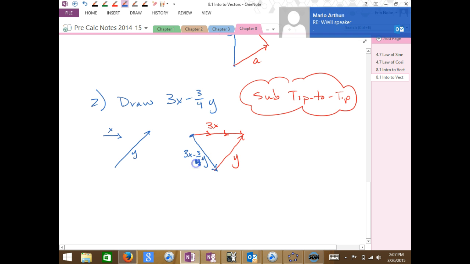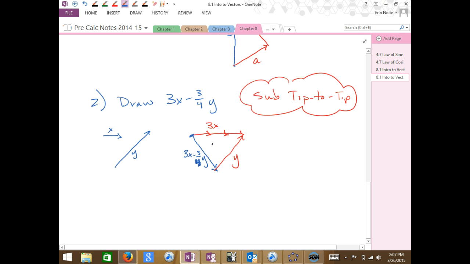Does the tip always have to touch the tip of the y? Yes, when subtracting, the tip always has to touch y. The resultant starts at the initial spot you started at, and then you create the triangle, so you go to the tail of the y. So you're drawing triangles.